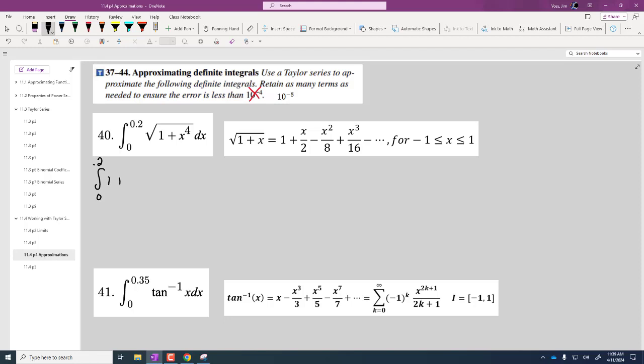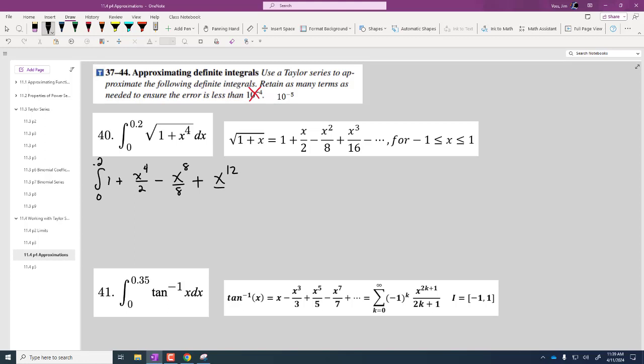So we're going to get x to the fourth divided by 2 minus x to the 8. Oh, sorry. Power to power, you multiply. So tempting to just add them, right? So x to the fourth to the 3 is x to the 12.